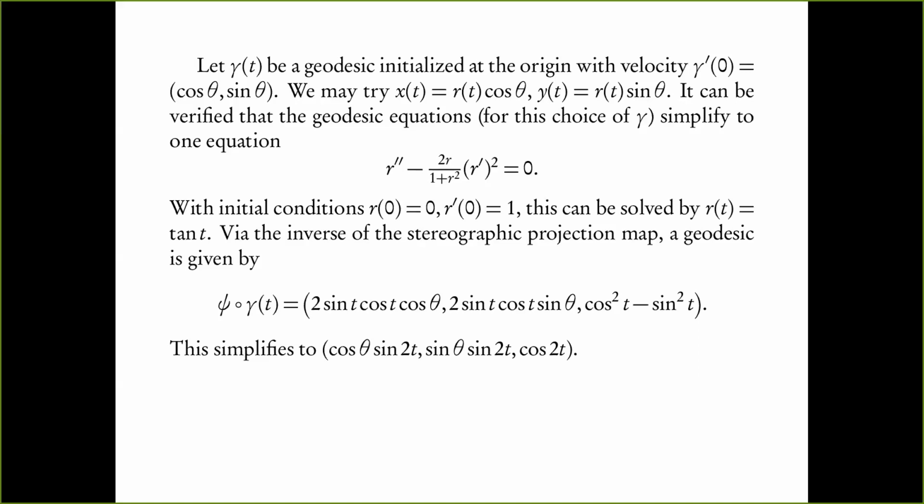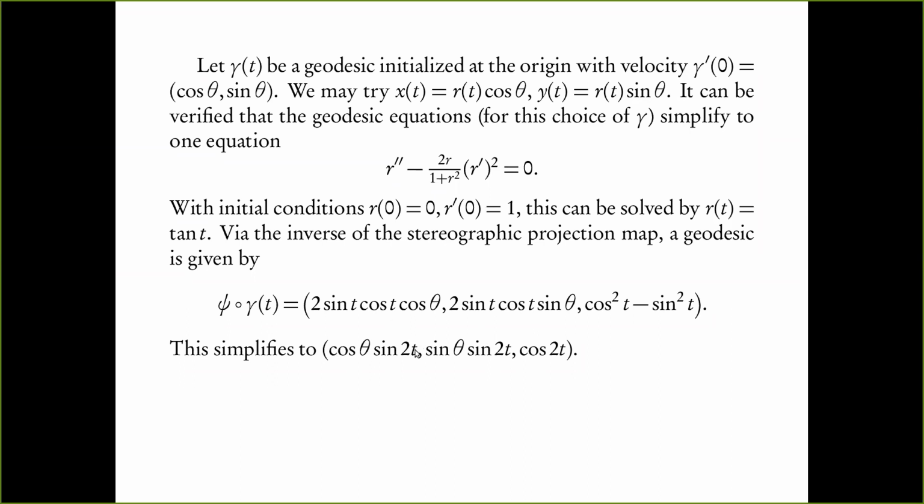Because any vector in the tangent space T at 0, 0, 1 of S2 has to be perpendicular to 0, 0, 1. Any vector perpendicular to 0, 0, 1 has to be of the form alpha, beta, 0. But any unit vector has to be of the form cosine theta, sine theta, 0. So given any unit vector, this is the exponential map when you plug in t equal to 1.